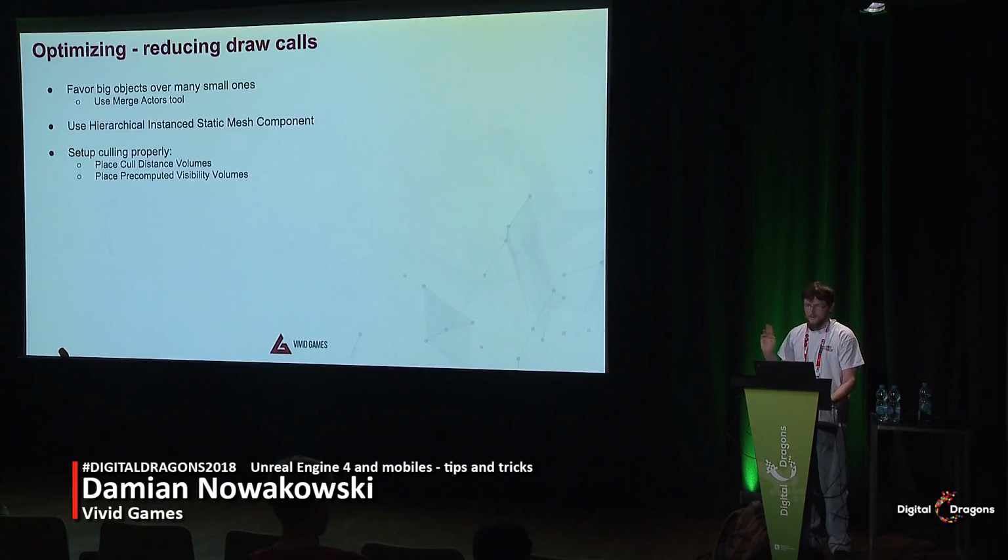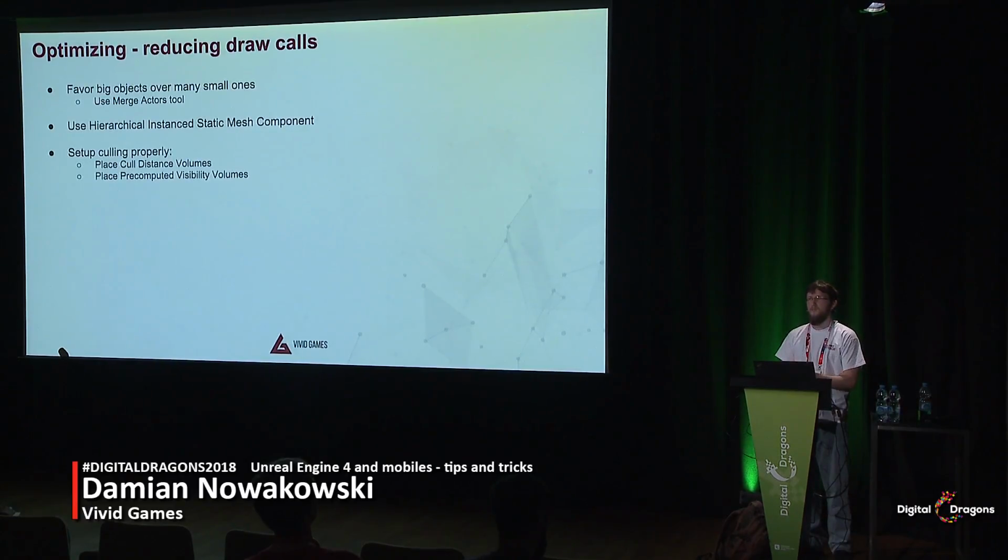So the next step when you are trying to reduce the draw calls is to set up your culling properly. Unreal Engine has 4 steps of culling. The first is distance culling, so objects that are far away are removed from the rendering pipeline. Then we have frustum culling, so everything that is not inside the camera frustum will be removed.